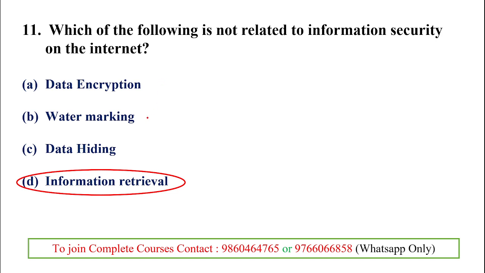Watermarking is another method, where we cannot identify the code in the word, and data hiding is also related to information security. But information retrieval means you can retrieve or restore information, so it's not related to information security on the internet.